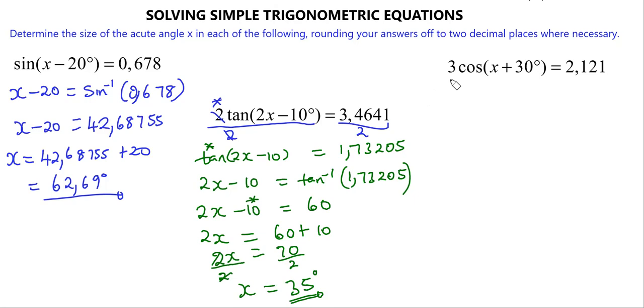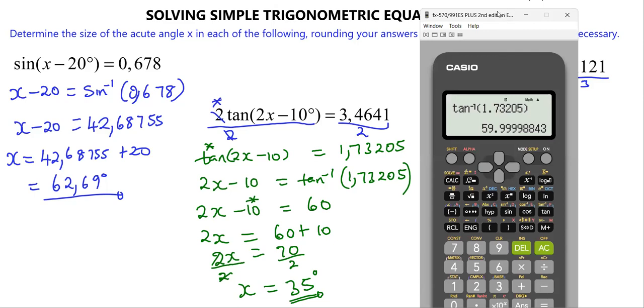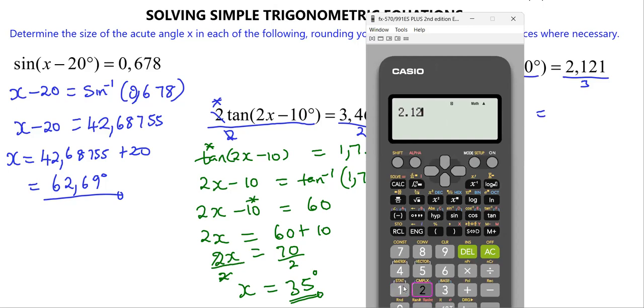What do we need to do, guys? First, we need to get rid of the 3. So number 1, that's what we need to get rid of. So let's get rid of the 3. So we've got 3 there, we've got 3 there, and if we cancel, this is going to be cos(x plus 30) equal to, let's punch there, 2,121 divided by 3.